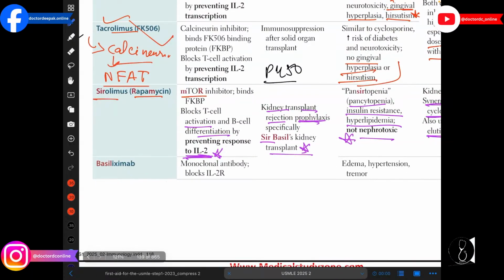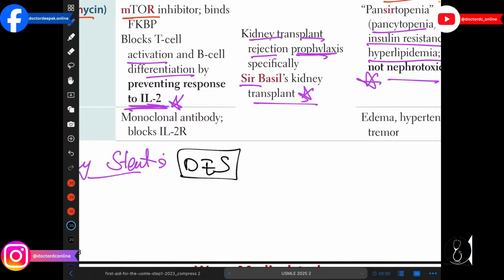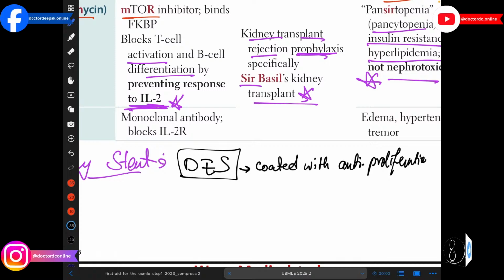If you guys know about coronary stents, there are some drug-eluting stents. These stents are coated with an anti-proliferative drug, and they block scar tissue growth, restenosis.